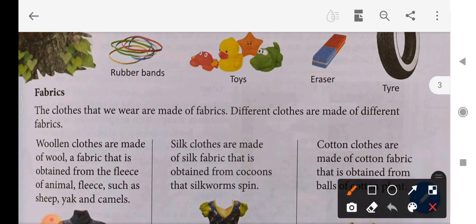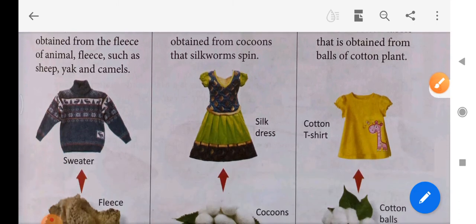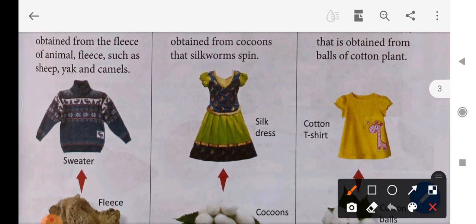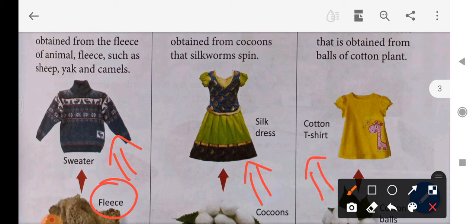The next one, fabric. Woolen clothes, silk clothes, cotton clothes. Woolen cloth is obtained from the fleece of animals, silk clothes are obtained from cocoons, and the cotton shirt is made from cotton balls.